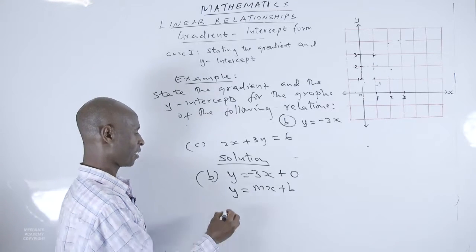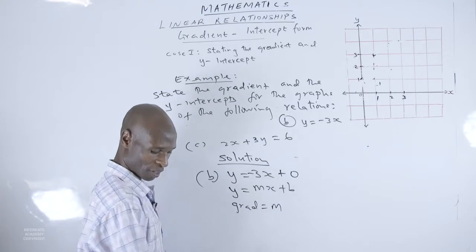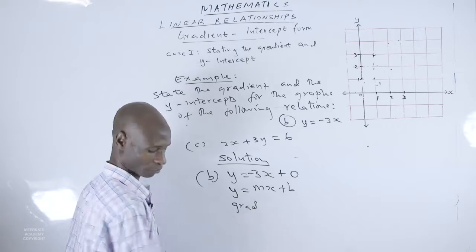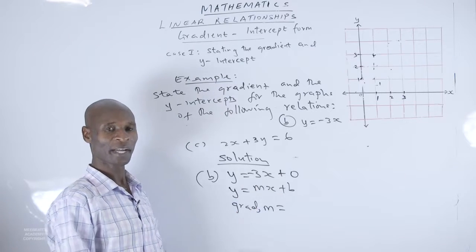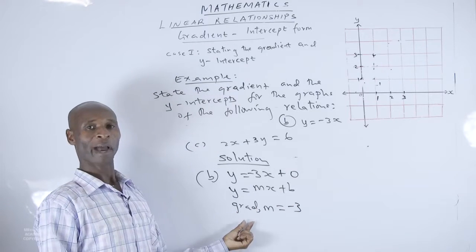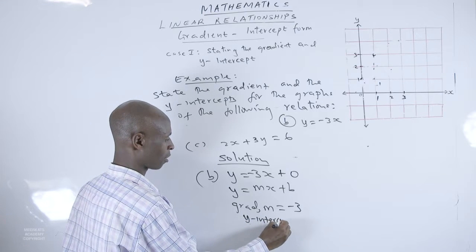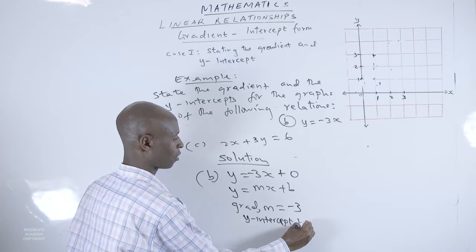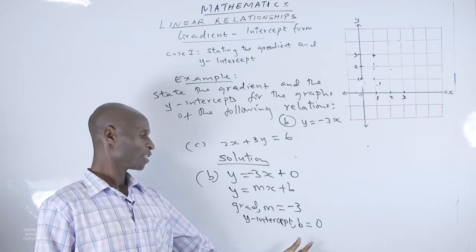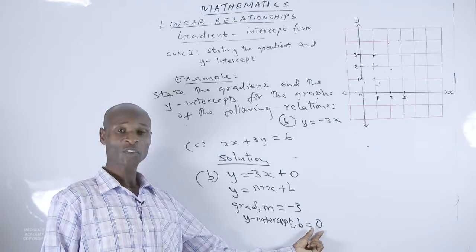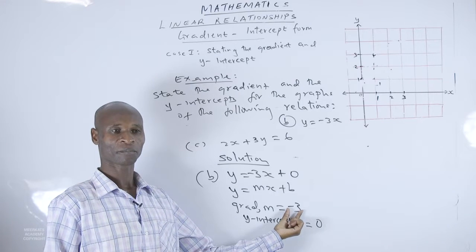In this case, the gradient m will be negative 3, while the y-intercept b is 0. That means this particular line is passing through the origin, and the gradient of that line is negative 3.